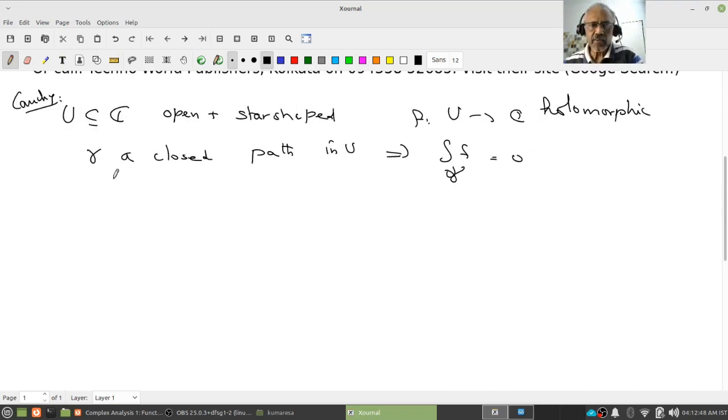Now we want to extend it. What do you mean by extension? The way we want to do it is the following. We will assume U is open and star shaped.